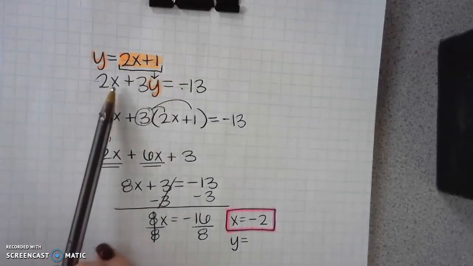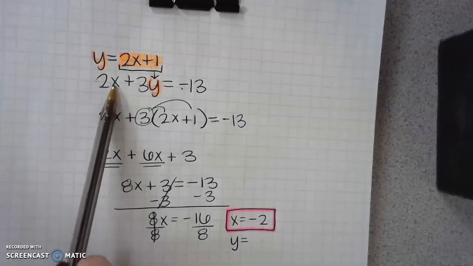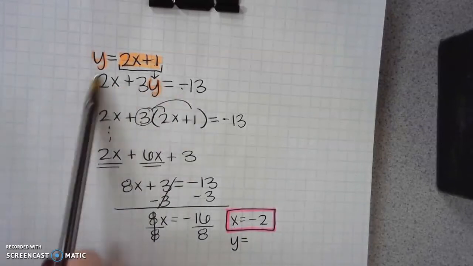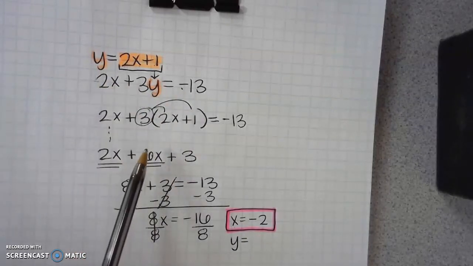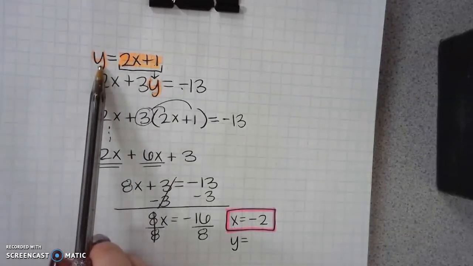You could plug in here if you were feeling, you know, a little dangerous. You could plug in that negative 2, 2 times negative 2, plus 3y equals negative 13, and then solve if you really wanted to. Totally unnecessary, because right here your y variable is already by itself.